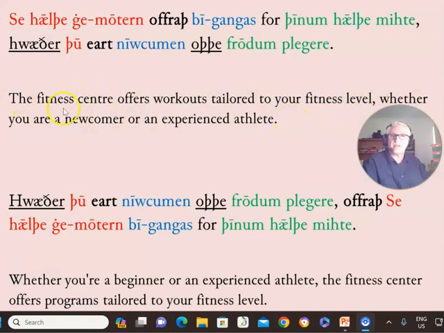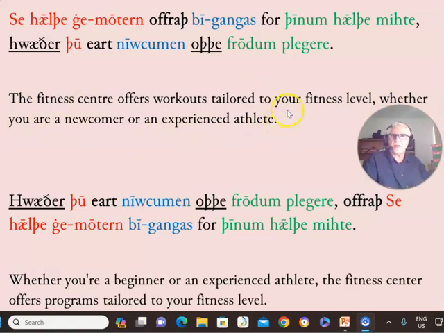Okay. The first clause can stand on its own as an independent sentence. The fitness centre offers workouts tailored to your fitness level. Full stop. Here, a subordinate clause is added to give you a bit of extra information, whether you're a newcomer or an experienced athlete, which can't stand on its own as an independent sentence.